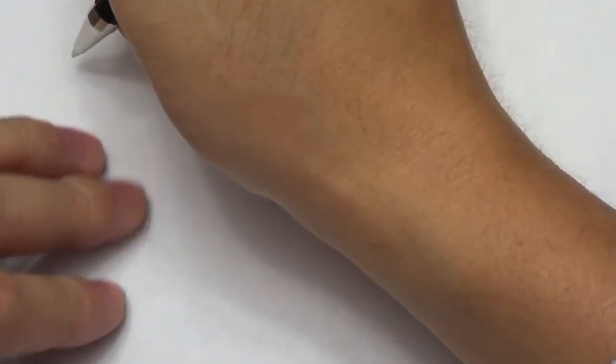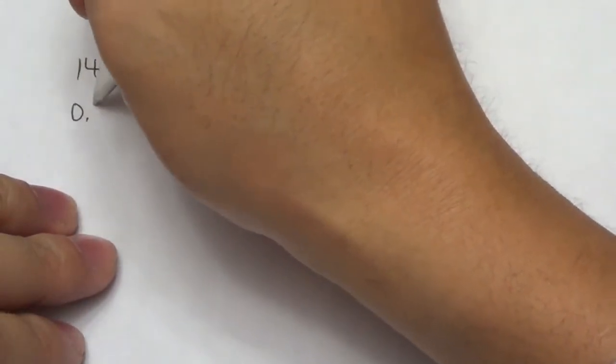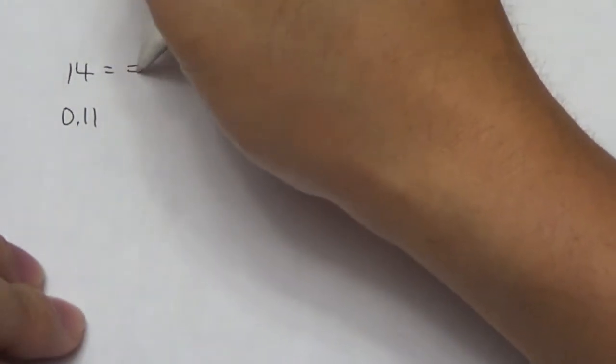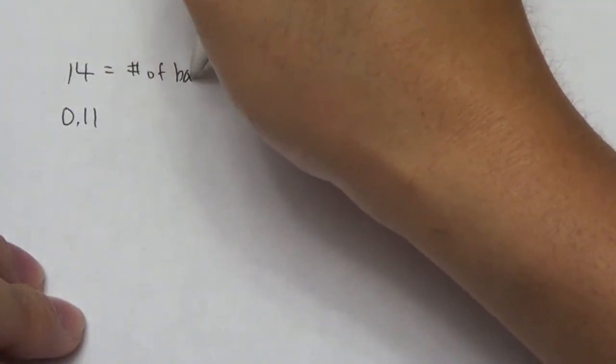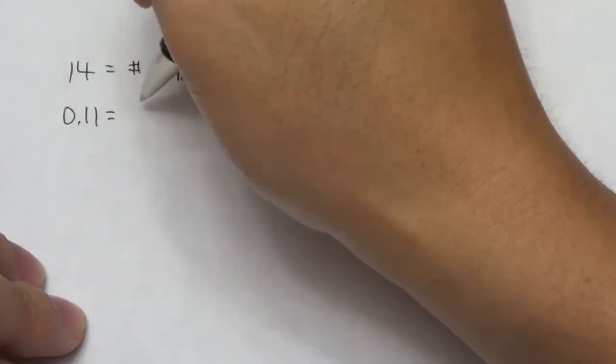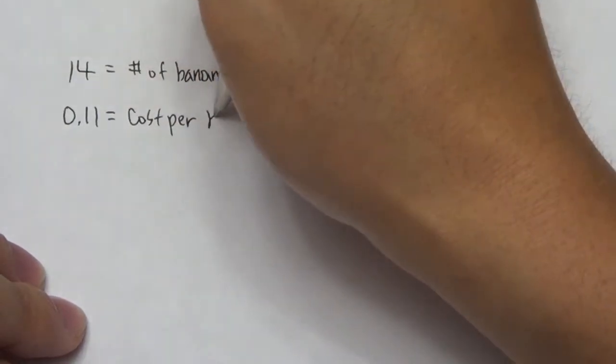So first thing you want to do is to identify the important information. We have 14 and 0.11. 14 is the number of bananas. 0.11 is the cost per banana.